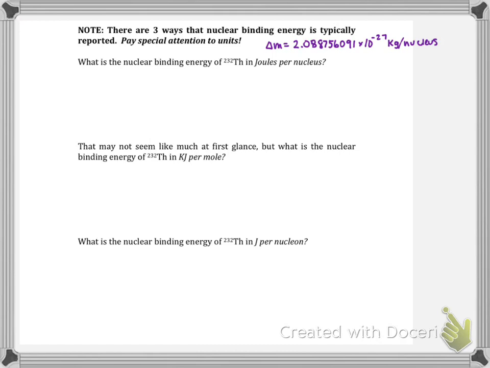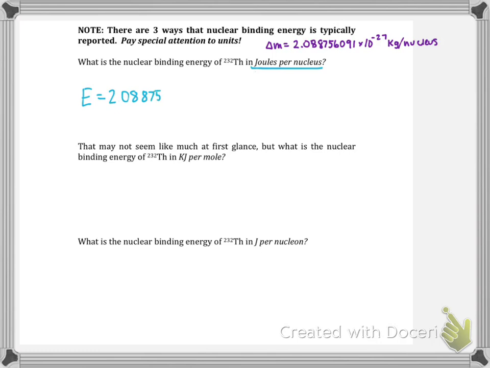So now that we have that, we can finally start getting into energy with E equals mc squared. So we can go ahead and say, and here, as it says on this sheet, we want to be really careful about what units they want us to end up in. So here, they want us to figure out what it's going to be in joules per nucleus. And this is what we'll get out when we just straight up plug in to E equals mc squared. So we'll have E equals our mass in kilograms.